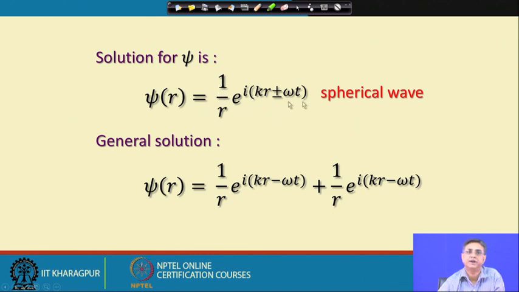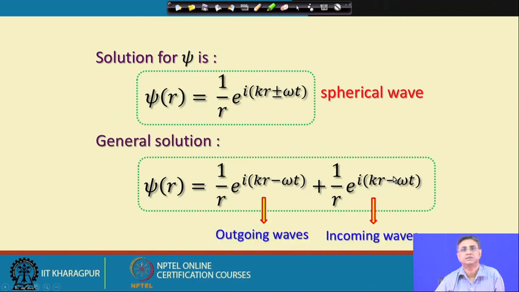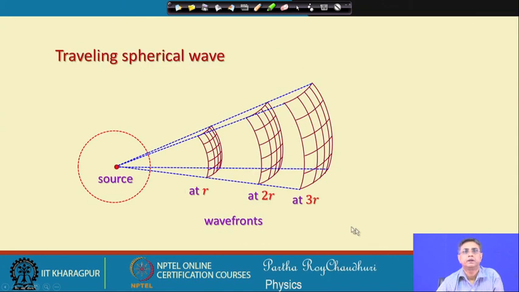So, again we end up with the spherical wave, and the general solution of this wave is psi of r, 1 by r e to the power of i k r minus omega t plus e to the power of, this should be plus. So, this is spherically outgoing waves, and if you put a plus here, this should be spherically incoming wave.